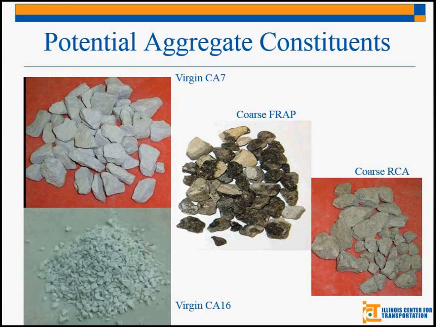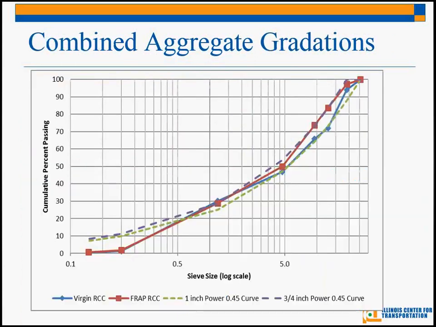And the way we did this was we blended our aggregates to meet a 0.45 power curve. Mainly that's to get your density, because again, density is one of the most important things with RCC. You want it to be really dense to have good aggregate interlock. And so as you can see, we did the best we could with fitting the curve down to the lower side with the fines.